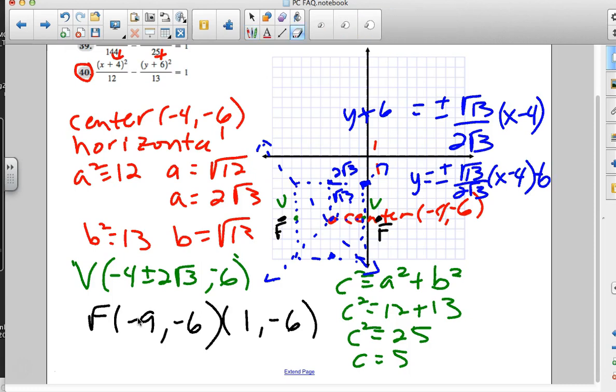And I'm trying to squish that in there, and it's not going very well. I was right, too big. And it would look like so. Again, they didn't ask for the asymptotes, but we certainly could find that, just in case you have to do that on the test.